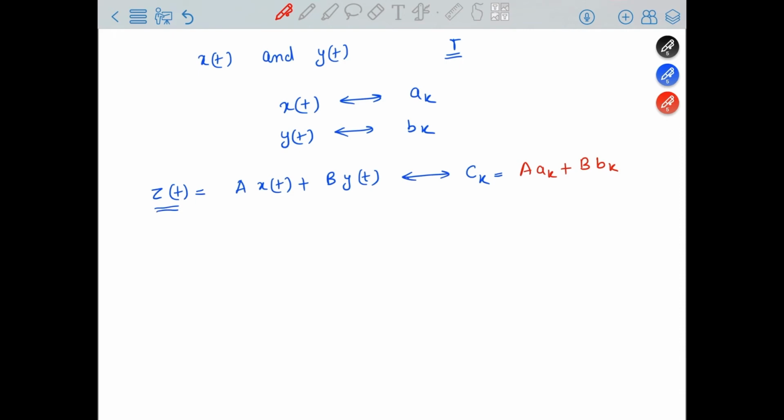So as you can see, because of the linearity property, we will get the Fourier series coefficient of z(t) as a a_k plus b b_k. So we can directly write the Fourier series coefficient if there is some linear combination at the input.